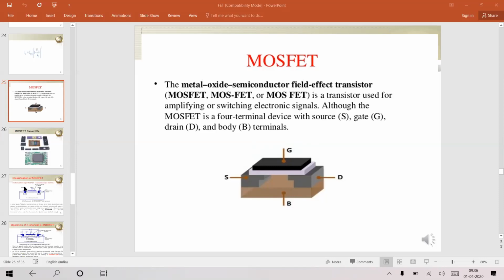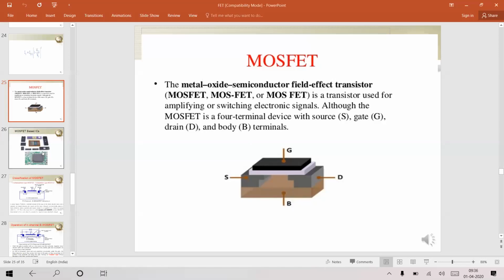So again, three terminal device, but the fourth terminal is a body here, right? The body is the base on which the device structure is built. This acts as a support for this entire structure. So that is a base, foundation, you can say, or body of the device, right?